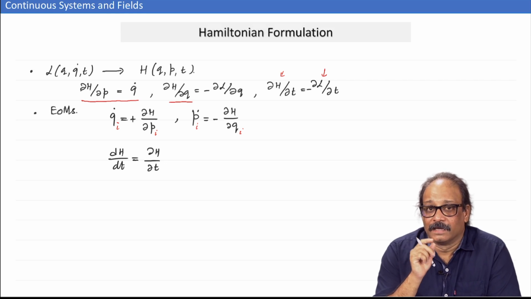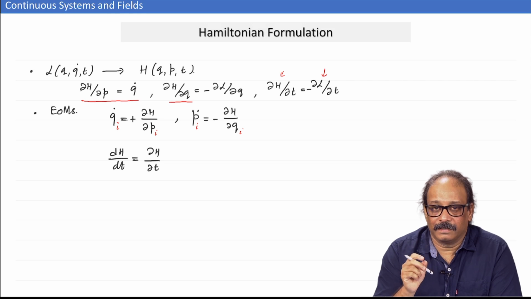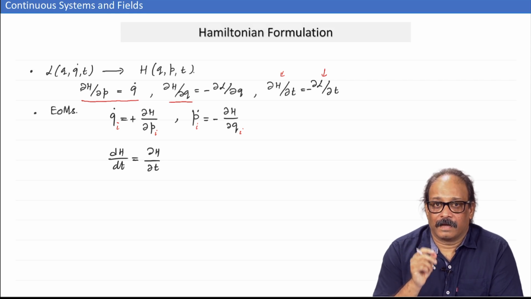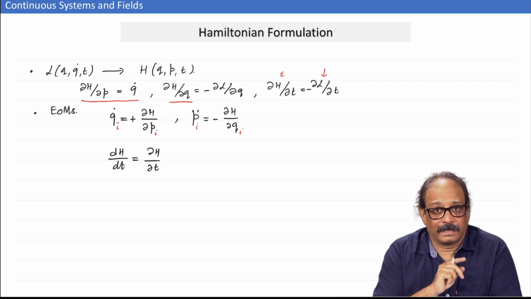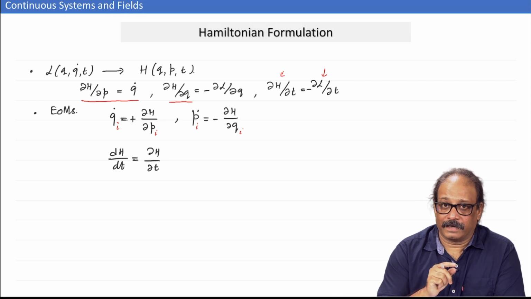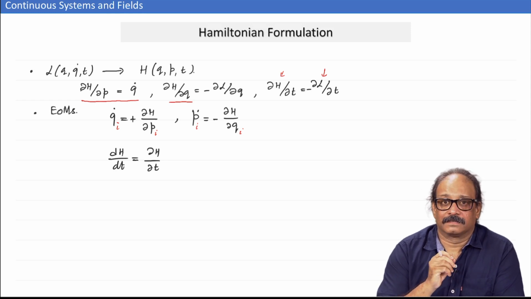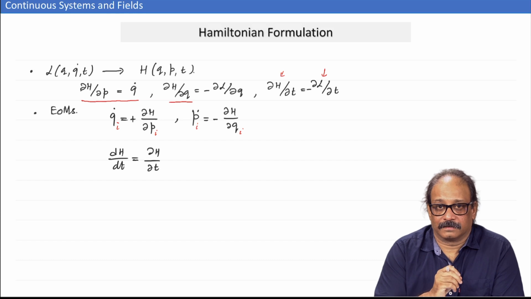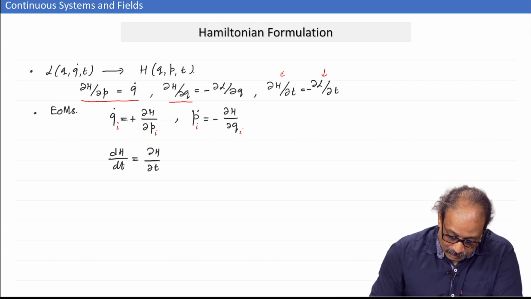So, what happens is, if the Hamiltonian is independent of the time variable, then the Hamiltonian itself is a conserved quantity. Unlike the Lagrangian, remember, if the Lagrangian is independent of time, then it is not the Lagrangian which is a conserved quantity, but it is the energy function. Okay, fine.